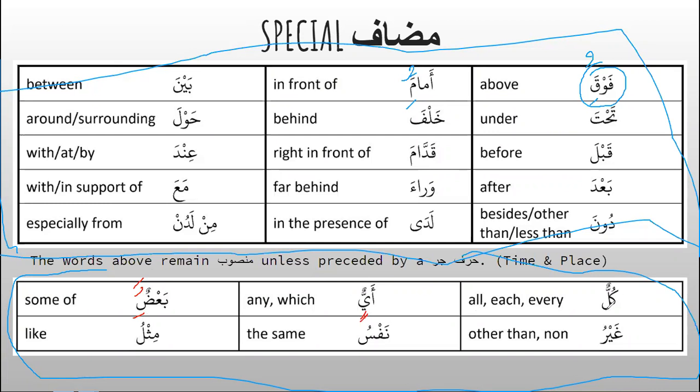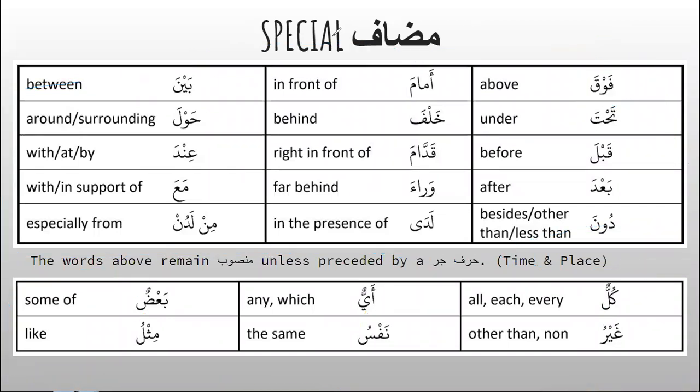Okay, kullu become kullin. It can happen. Okay, so this word can change and this word cannot change. This word is fully flexible, this word is non-flexible. That's it. But all their purpose is same. These are special mudaf, and if any word come after that, we'll consider that as a mudaf ilay. Okay, always the same rule.